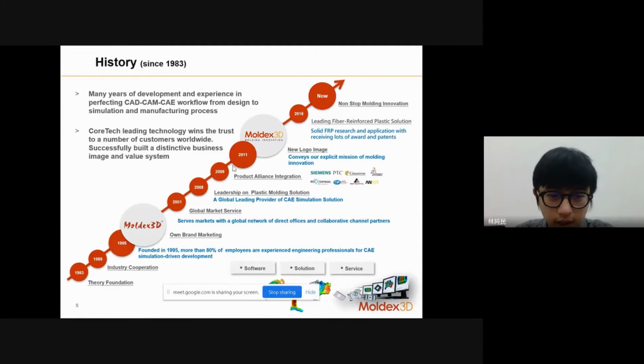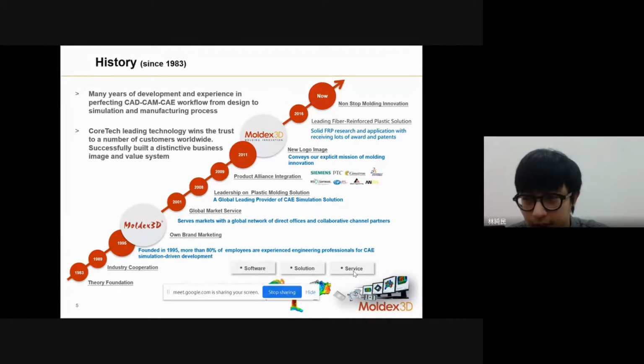Okay. Our product line, as you can see in the bottom, there are software, solution, and service. Right now, you already know our main product is the software. We help you to predict what the defects are, and we can simulate what will happen in a real situation. So our main product is software, but not only software, we also provide a solution, because sometimes the customer wants to use a compound material, and the compound material is like a customized material.